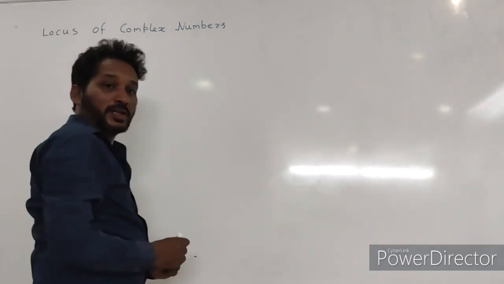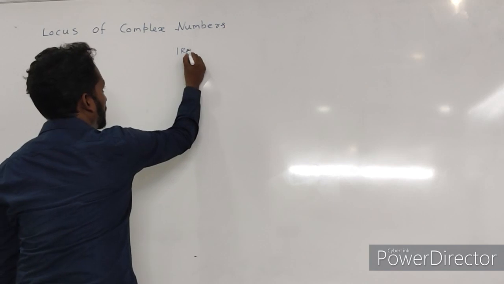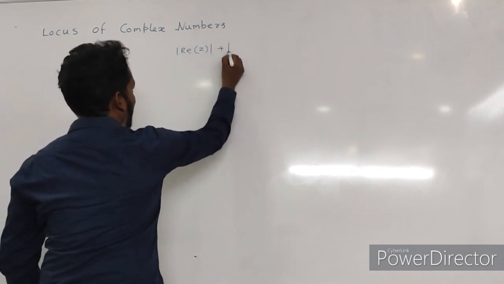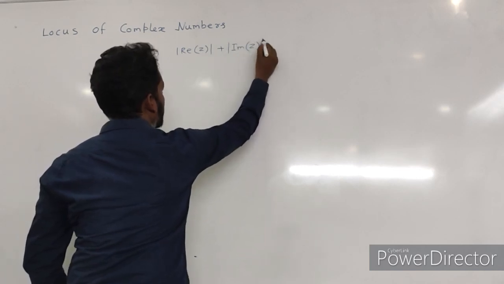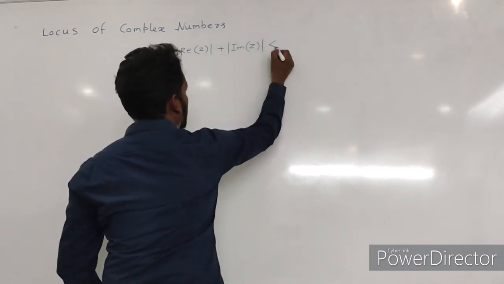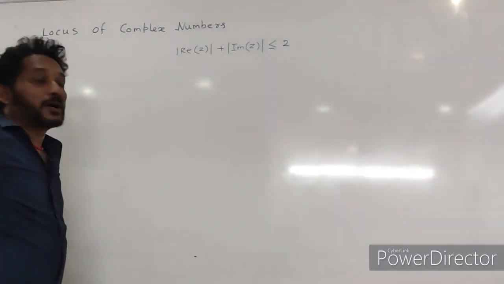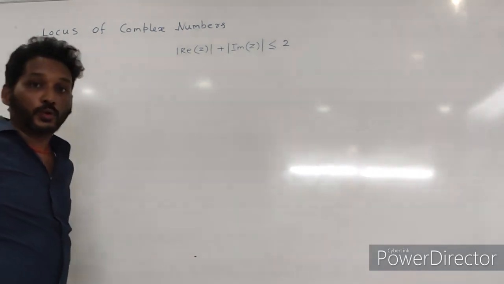Now let's try one little bit difficult problem. Suppose we have some equation given like this. Mod of real part of z plus mod of imaginary part of z is less than or equal to 2.